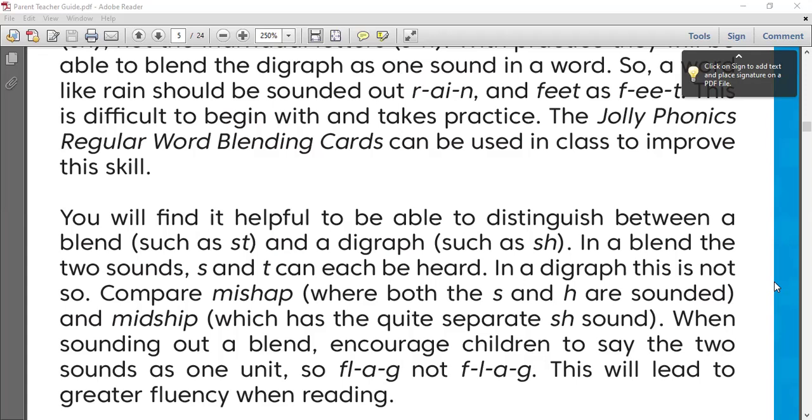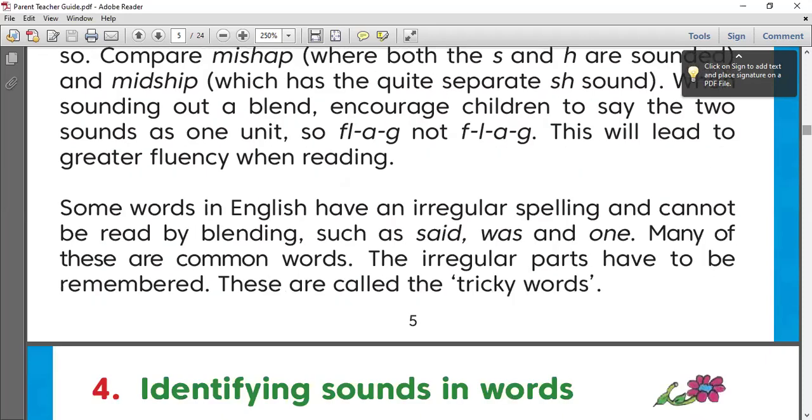Similarly, if I say fl, a, g, not f, l, a, g. So in that case, fl is actually a blend, speaking all together because they are friends together. This will lead to greater fluency when they start reading.